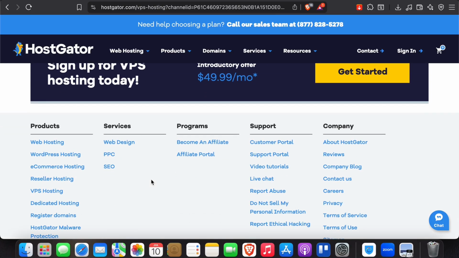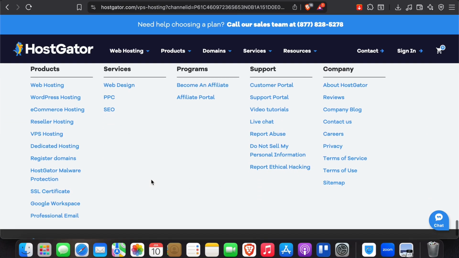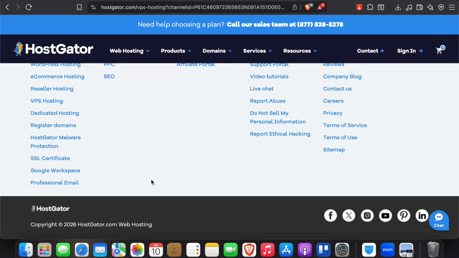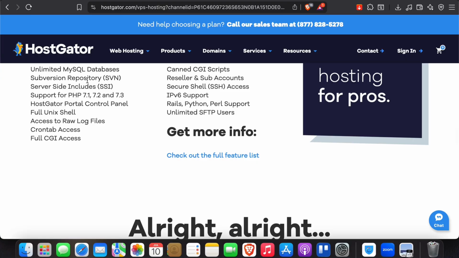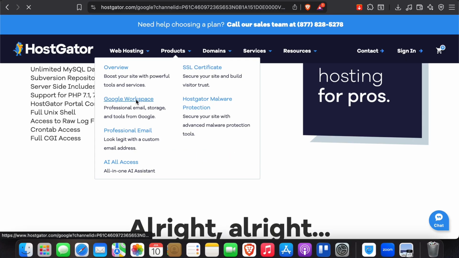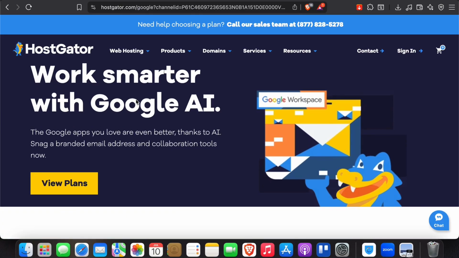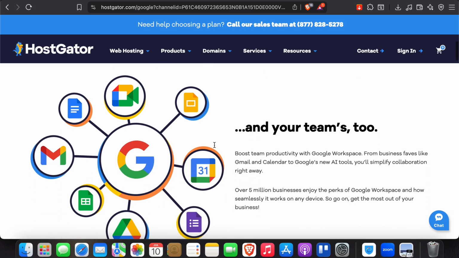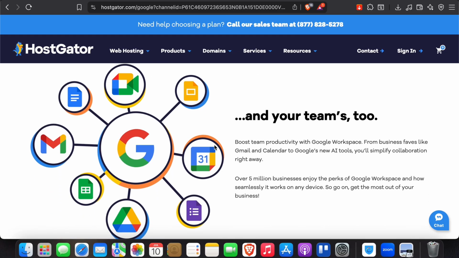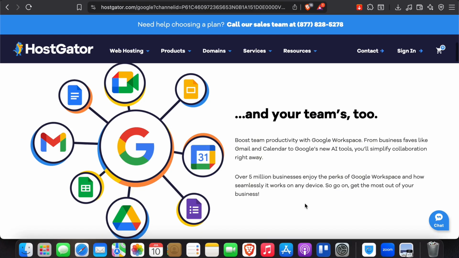Another factor is scalability. Businesses that expect significant growth may eventually need cloud hosting or a higher performance VPS solution instead of traditional shared hosting. So while HostGator works, the hosting plan matters just as much as the hosting company itself.